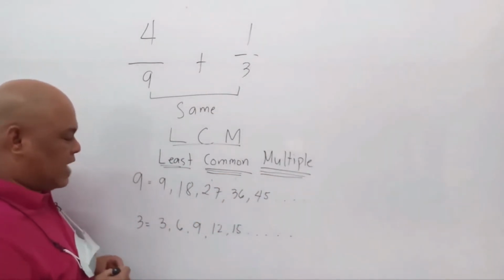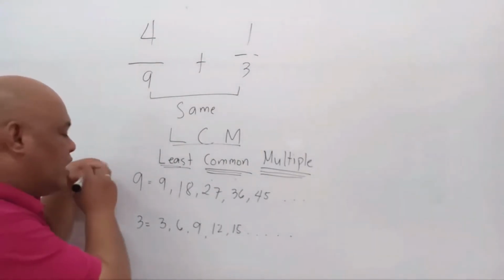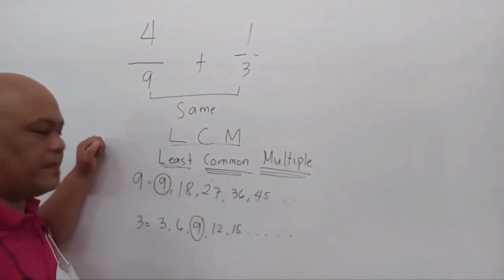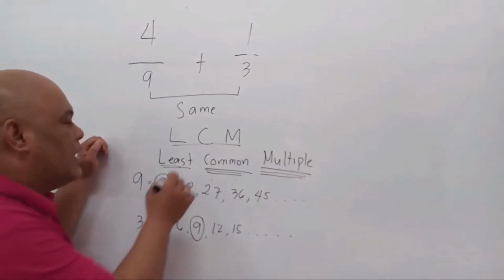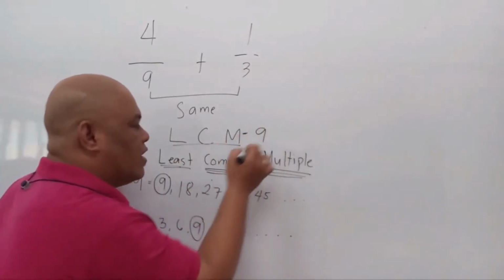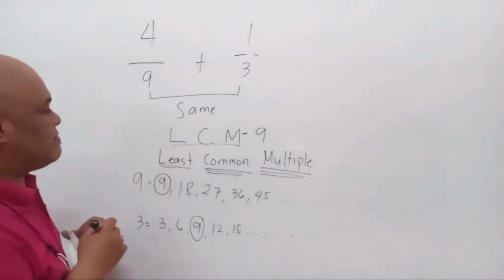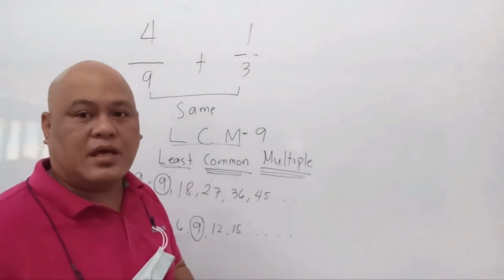Now we get the least common multiple, and that is 9. So now we can use 9 as the denominator and we have the same denominator.